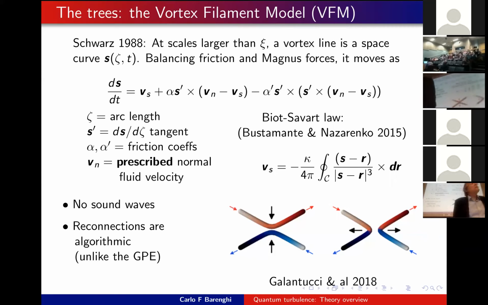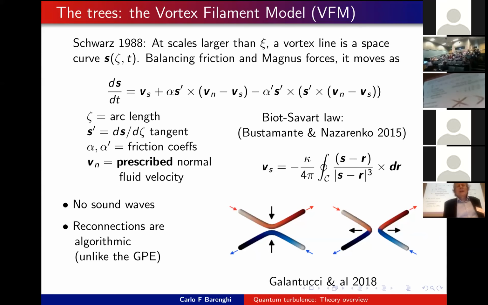Those are dimensionless coefficients called the friction coefficients, and they arise because the vortex lines scatter the thermal excitations of our system, the phonons and the rotons in liquid helium in particular, so the components of the normal fluid. So we have this effect. Yes? So here you are at finite temperature then? Yes. This equation is valid at finite temperature.